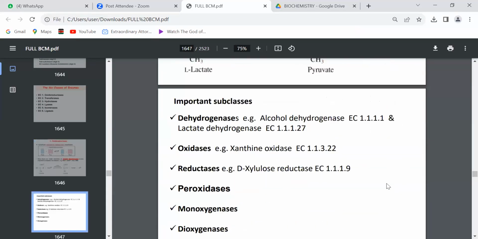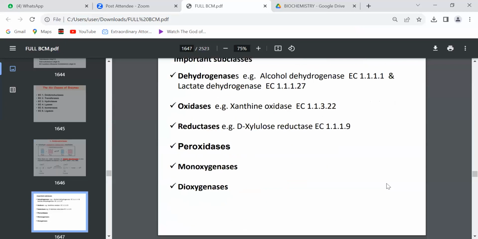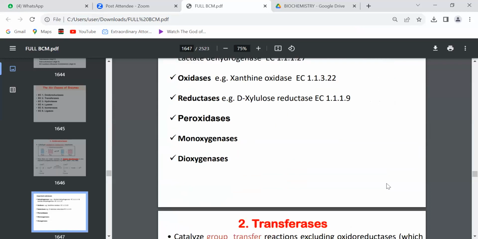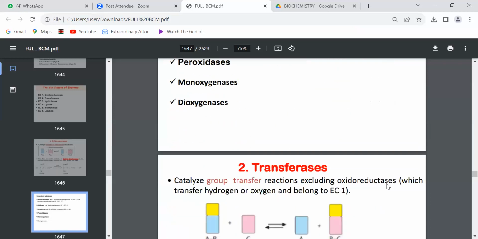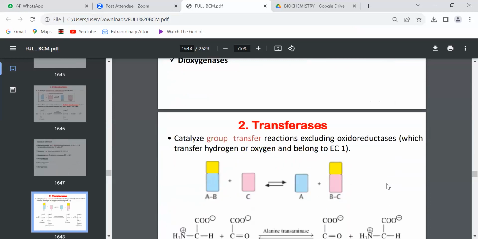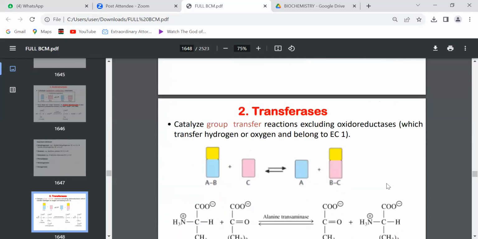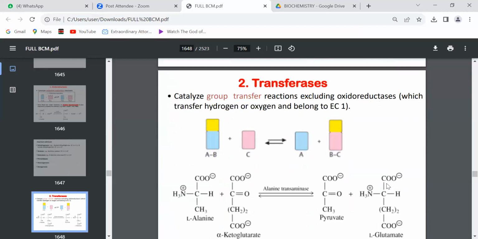So there are subclasses. We have dehydrogenases, oxidases, all those. But basically for them, it's either transfer of a hydrogen or an oxygen. Then transferases involve the transfer of all other groups, except hydrogen and oxygen, which belong to class 1 for oxidoreductases.